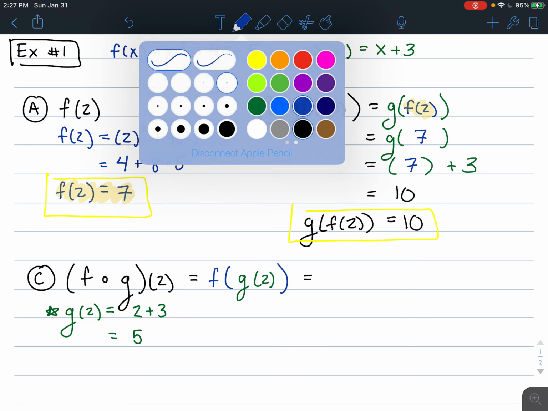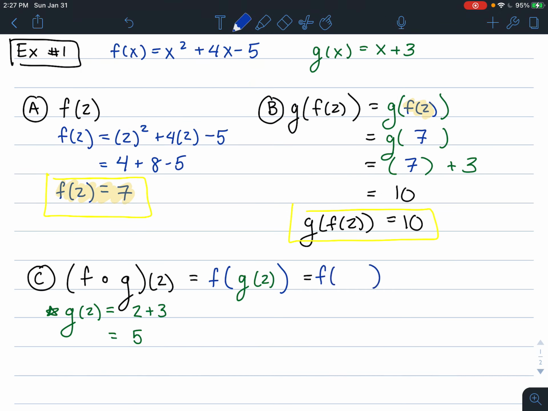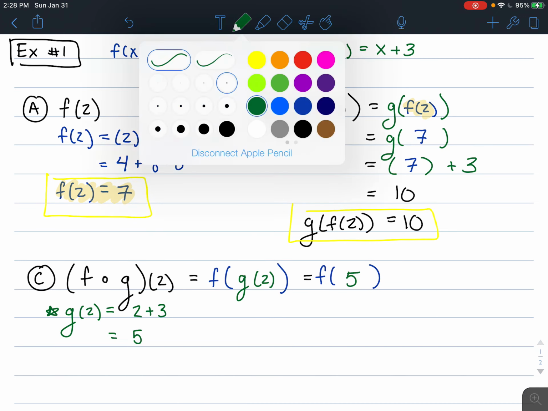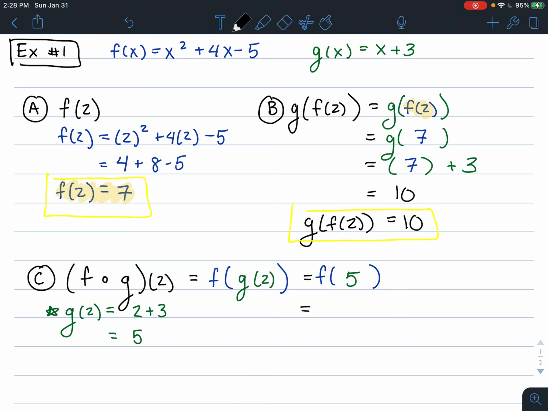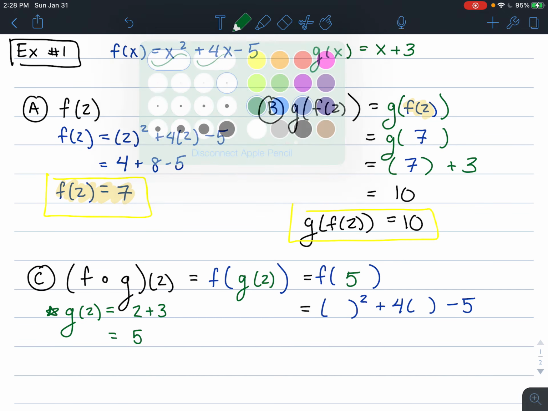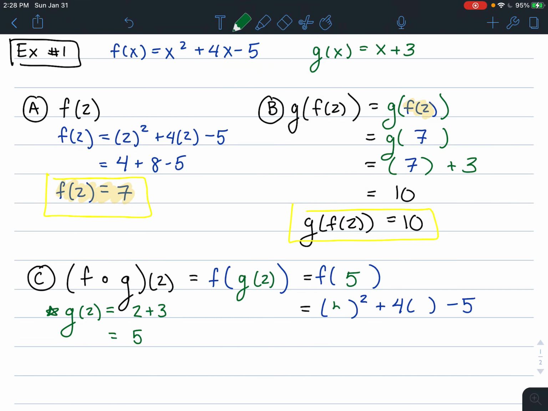So this is going to become f of 5. I'm just going to replace g of 2 with its answer, 5, and then plug that into my f equation. My f equation tells me to do x squared plus 4x minus 5. I'm going to plug in my answer from the first part, so that's a 5.